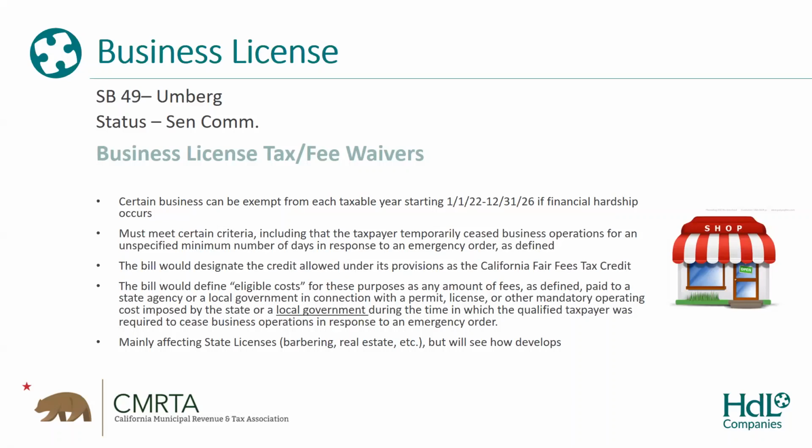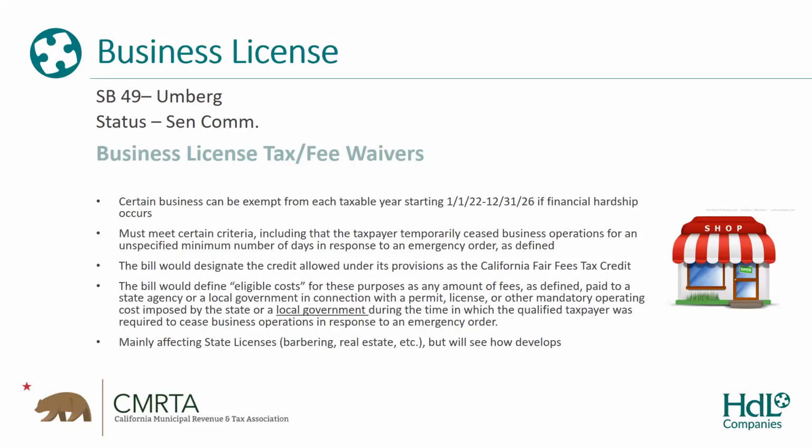It would say certain businesses would be exempted from taxable years starting next January, all the way through 2026, if financial hardship occurs. Well, it doesn't necessarily define financial hardship. What can that be? It could be COVID. It could be a fire like we had in the past. We really don't understand a full outline of it. So that's one of the problems of this bill.